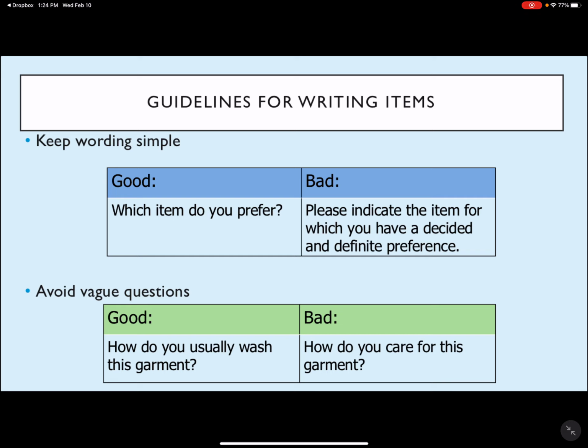Or I could say, I care for this garment so much. I love this coat. It's my favorite. Duh. No, you don't want to know all that. If you want to know how someone washes their clothes, ask them, how do you wash it? Don't try to be fancy or special and use a more vague term. Use the specific term. If you want to know how they wash it, ask them how they wash it. Don't ask them how they care for it.